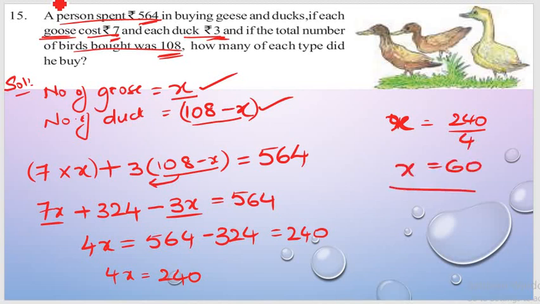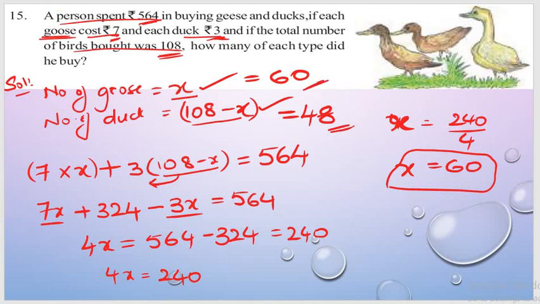So x is equal to 60. From this, the number of geese is 60 and the number of ducks is 108 minus 60, which gives me 48. So the number of ducks bought were 48 and the number of geese bought were 60, right?